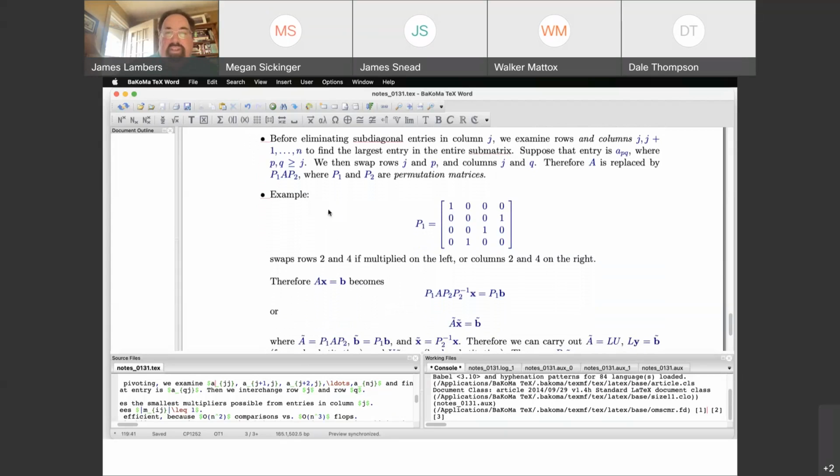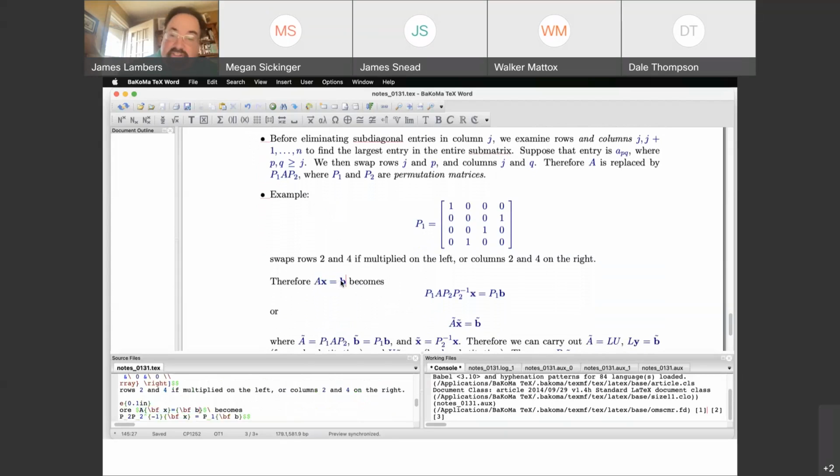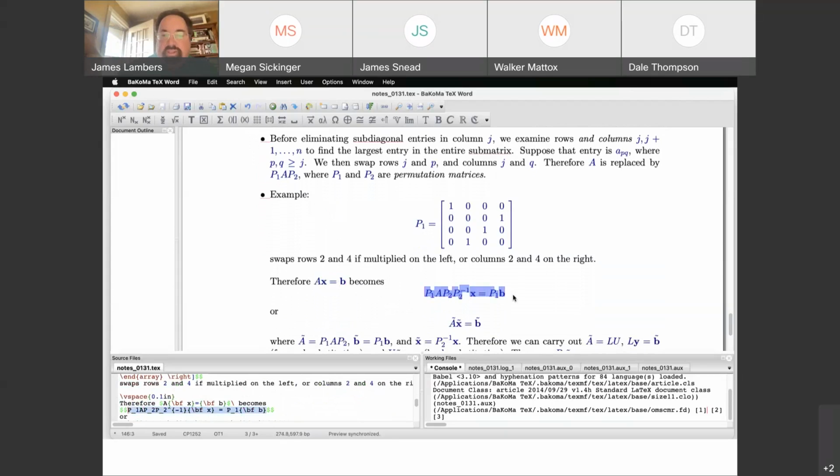Now, if you're replacing A by this, what happens to the system of equations you're trying to solve? Well, I would take this system, multiply both sides on the left by P1, and then between A and x, I would introduce P2, P2 inverse, because this is the identity. So this system of equations is equivalent to the original.